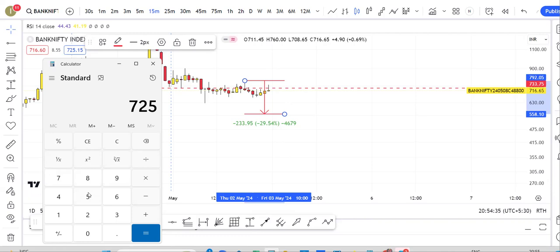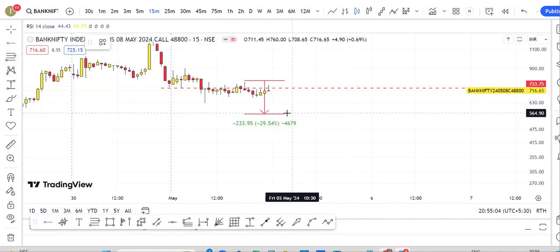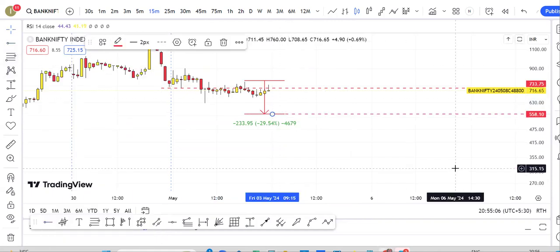When it starts in the beginning, 100% also you can get. Let me clear this and write down 400 points divided by 2 is equal to 200 points. So you can anticipate the premium to come down to 558.